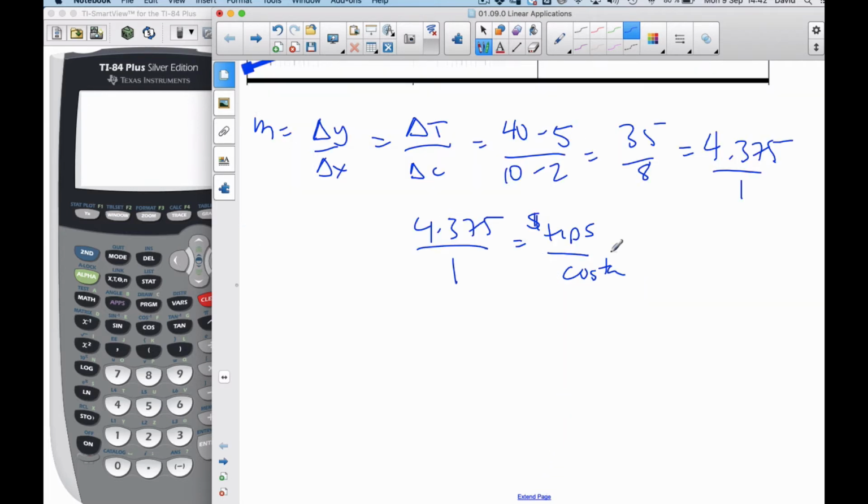And so if I want to interpret this value, I know for each additional customer, on average, I make $4.375 in tips. So when I interpret this in context, I always start with, like, quote unquote, the x value, the independent variable, and discuss that first.